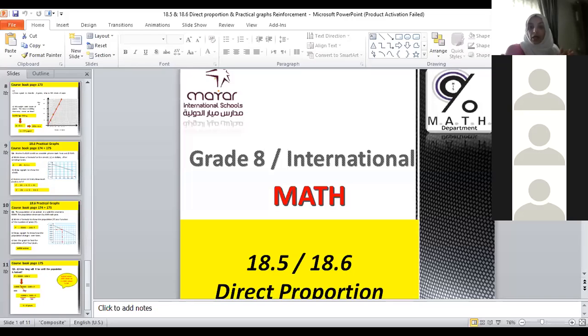When is share screen? Here we are. And this is our second part for today. Yeah, let's share. So everybody can see my screen now? Okay. Here we are. Can you see the screen? Great. Thank you, Rama. So we are talking now about direct proportion, okay? And we will talk about practical examples related to the direct proportion. So let me just maximize the show, resume slideshow. Yes, please do. Okay.